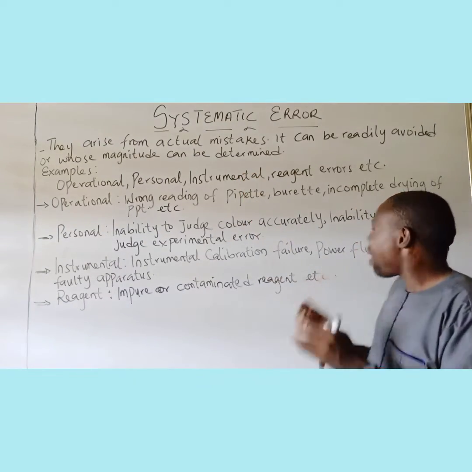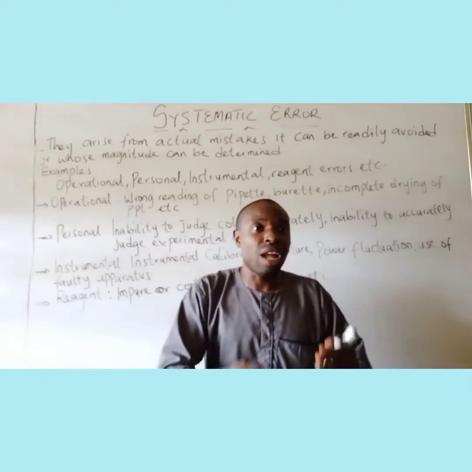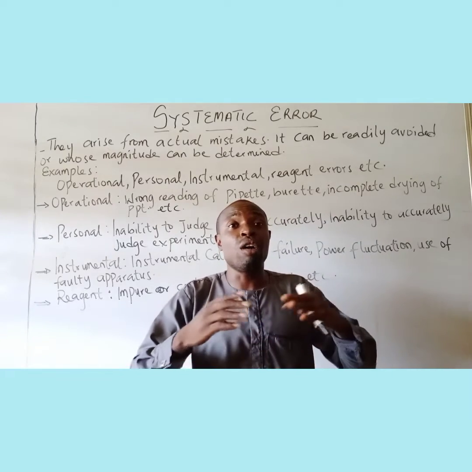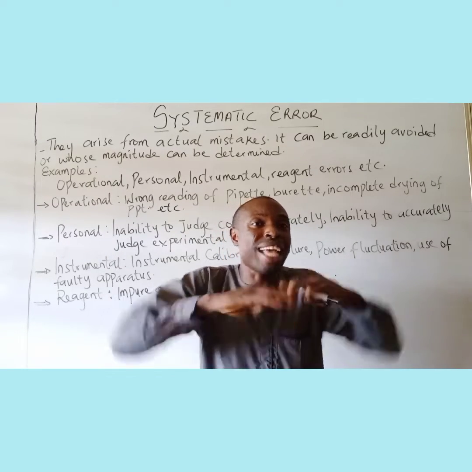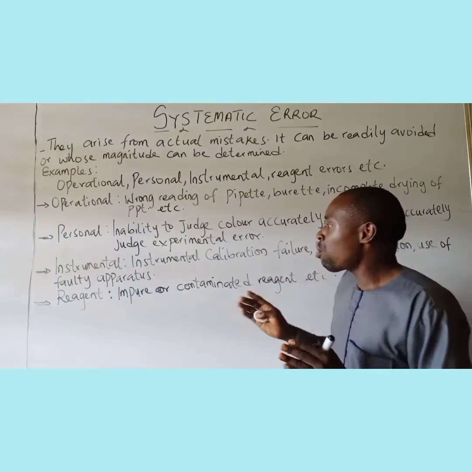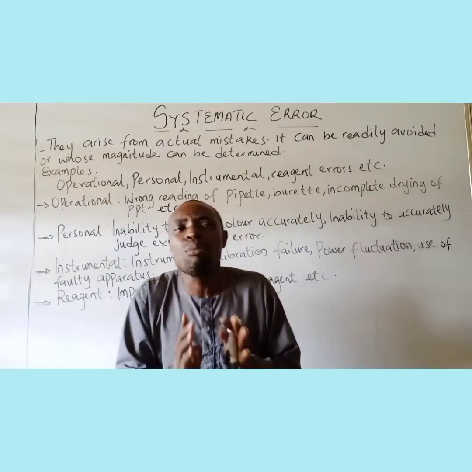We also have power fluctuation. When you're working in the lab and there is an on and off of the light supply, it can also lead to what we call systematic error. We also have the use of faulty apparatus, which is very common in the lab.